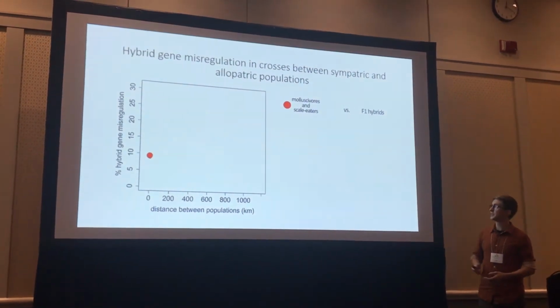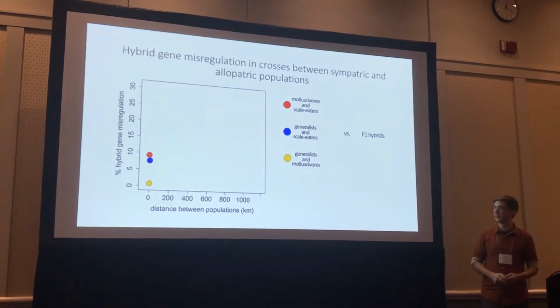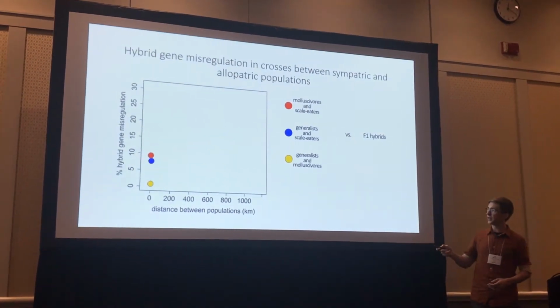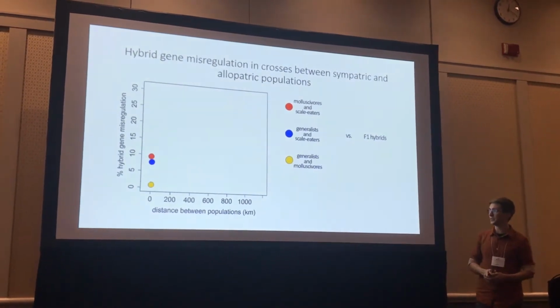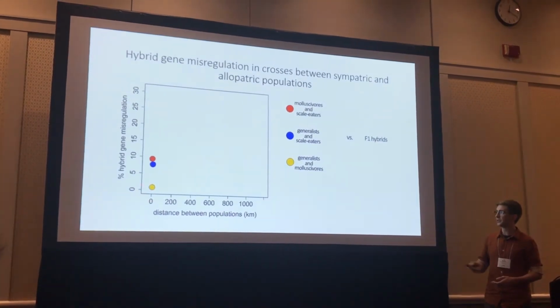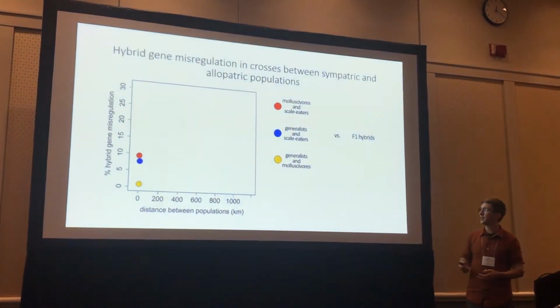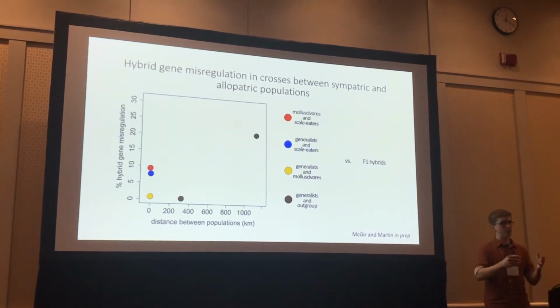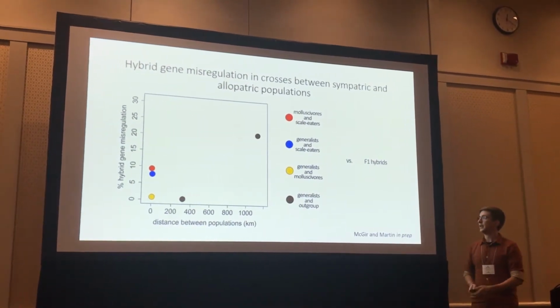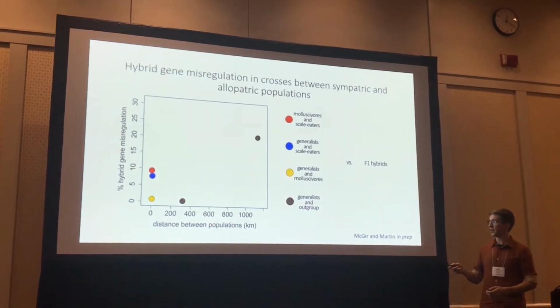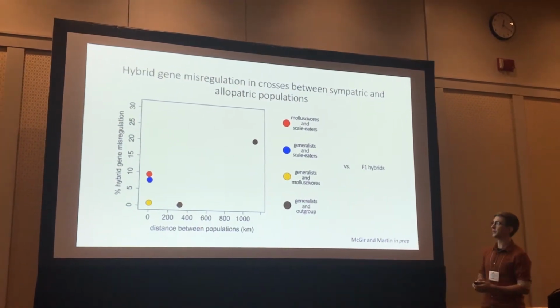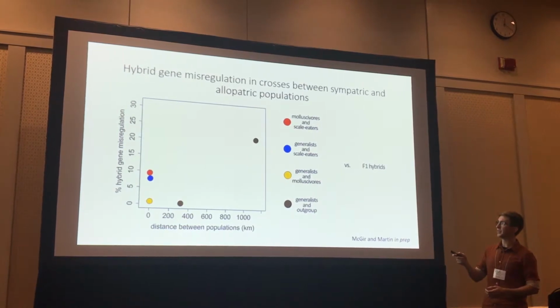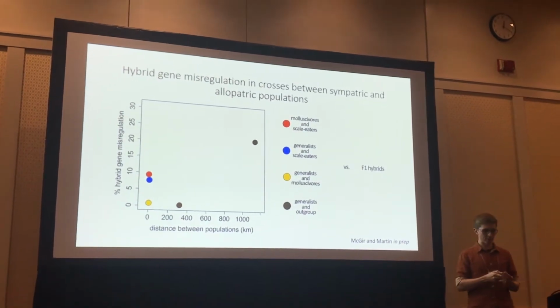And if we look at the crosses between generalists and each of the specialists, the other scale eater cross, their hybrids had similarly high misregulation, and then very little misregulation in the generalist by molluscivore cross. And then we can look at the crosses between San Salvador generalists and those outgroup generalists, and we see that in the cross with New Providence Island, there was, again, very low misregulation, but then pretty substantial misregulation with the North Carolina cross.